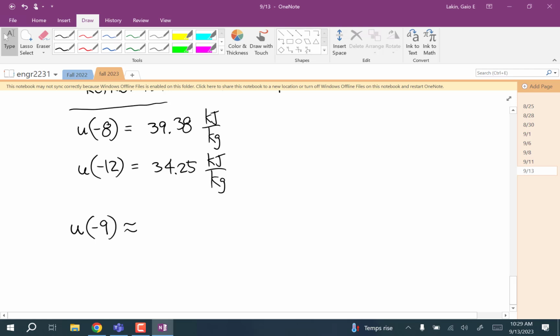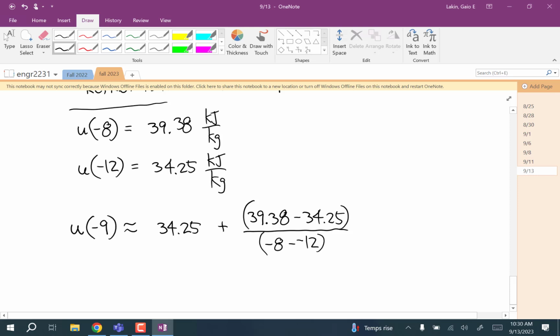That's going to be the one at x1, so 34.25, plus 39.38 minus 34.25, divided by -8 minus -12, times -9 minus -12.